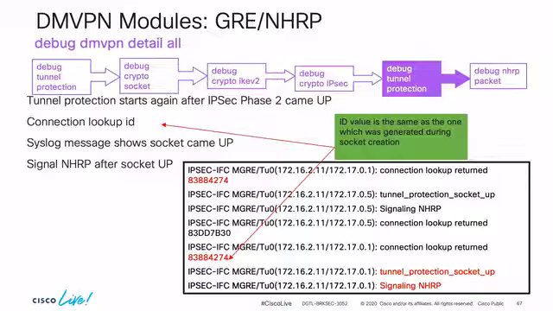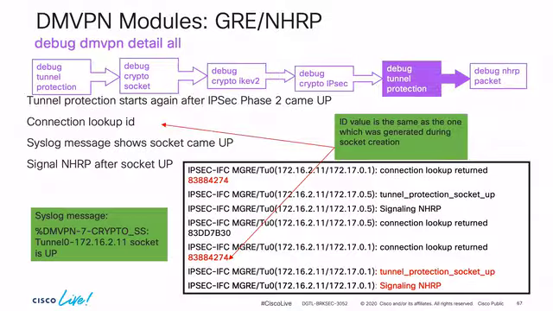And if you were looking at the syslog message, you should see a message which says crypto tunnel, giving the tunnel's NBMA address, and saying that the socket is up.